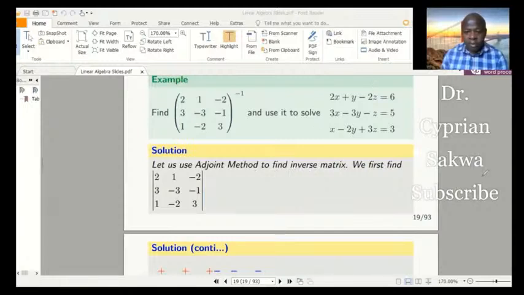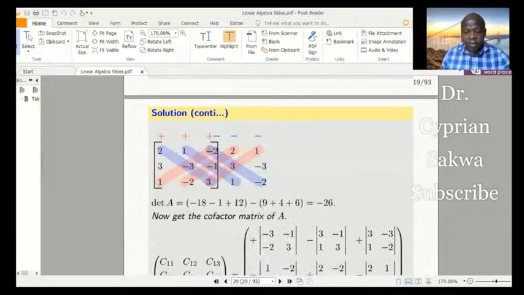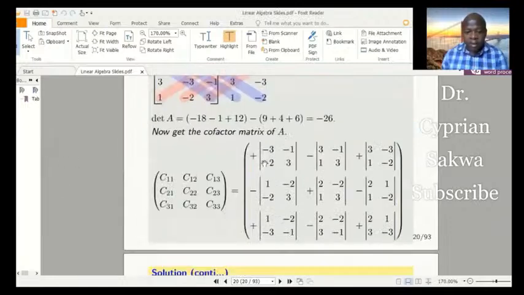That's what we are seeing in my working here, and that's how I did it. You can see I have this determinant, then this determinant, then that determinant, and so on.